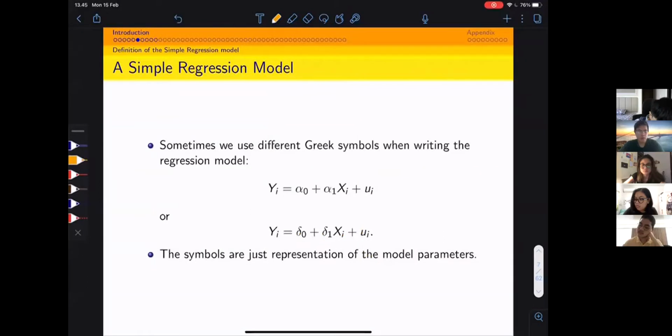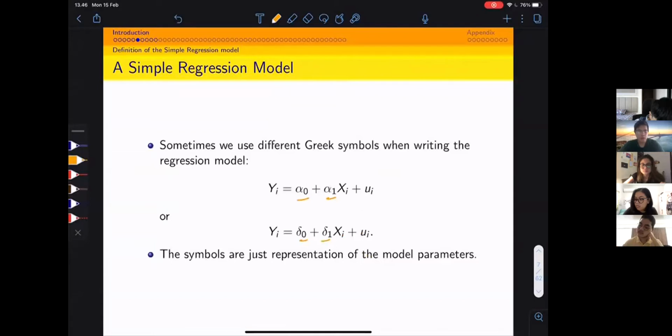Now, sometimes we also use different Greek symbols when writing the regression model. Sometimes we use betas, sometimes we use alphas, as in this case. Sometimes we also use delta, and some people use gammas and so on. But the most used term is going to be the betas.